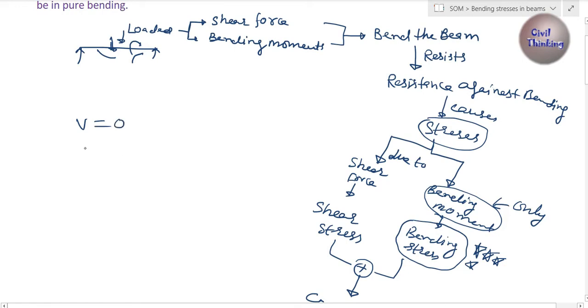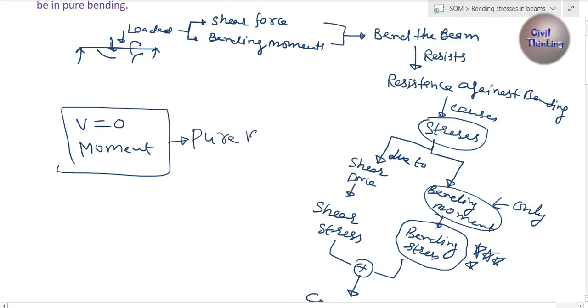Okay, when there is only moment present and shear force is zero, then this condition is called pure bending, or in some books, some texts, they also say it's called simple bending.